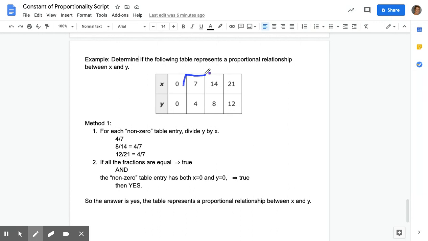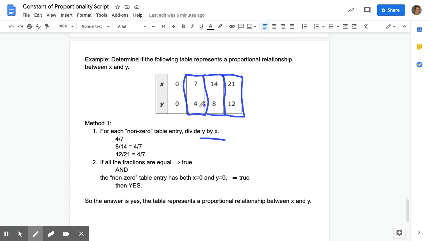So we use this table entry, and this table entry, and this table entry.